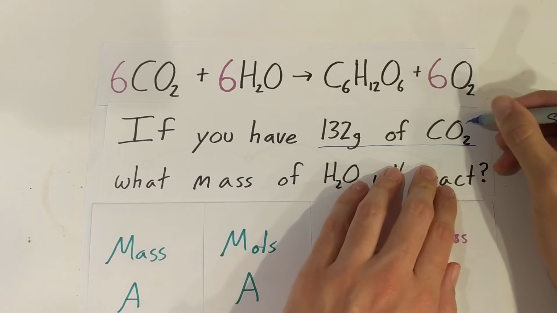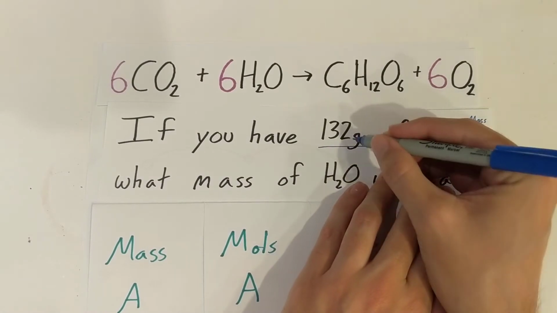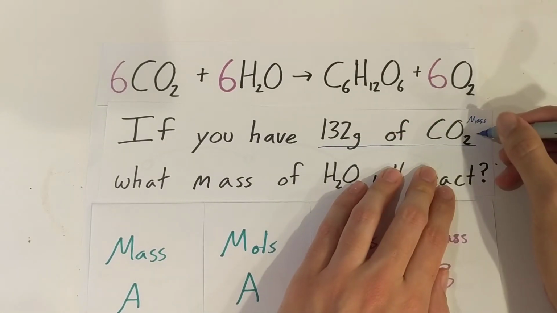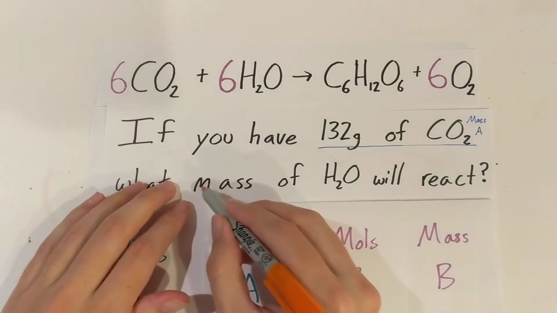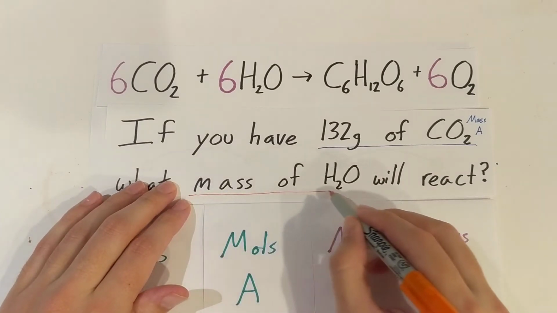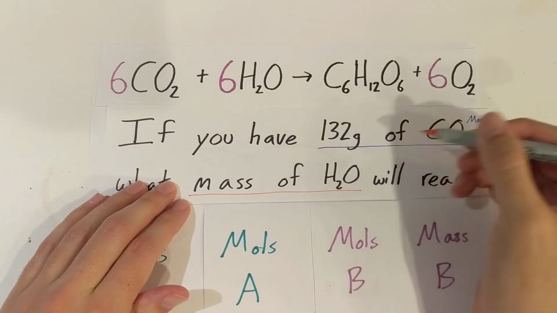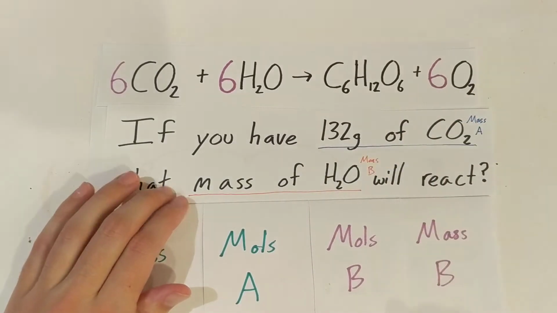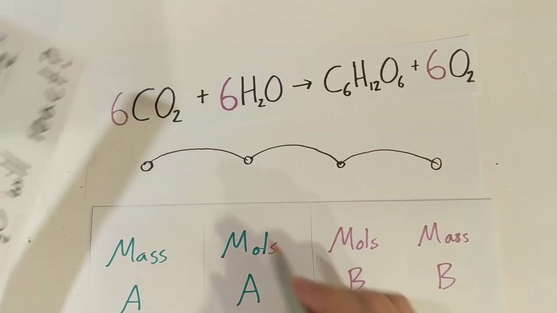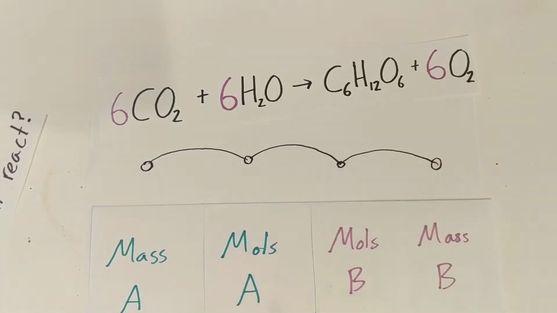That means we're starting with mass, because they're giving us grams, of A. That's what this is, our mass of A. And where we're trying to go is mass of water, and that will mean we're going all the way to mass of B. So this is a full 3-step problem. We are going to be doing all of these things.